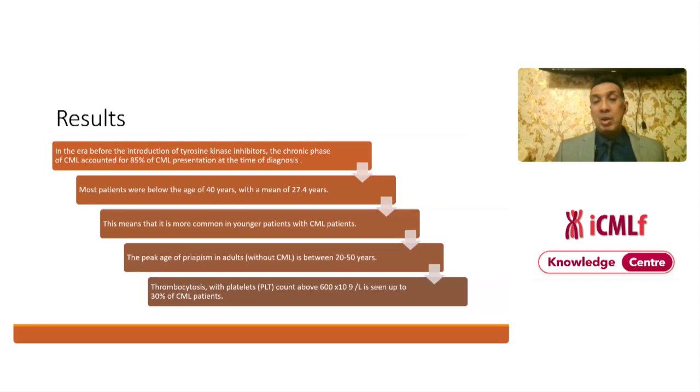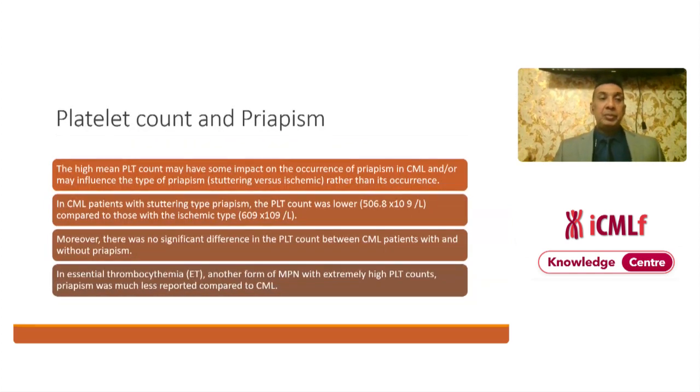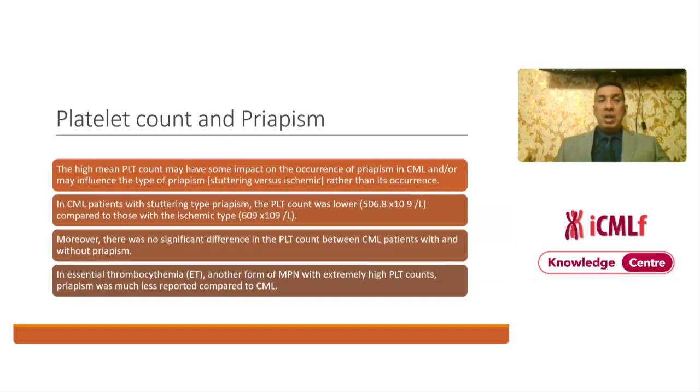Thrombocytosis with a platelet count above 600 is seen in up to 30% of chronic myeloid leukemia. What about platelet count and priapism?